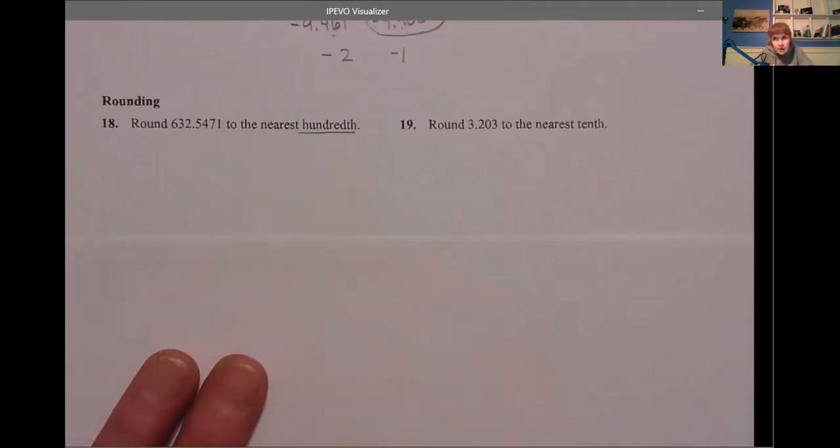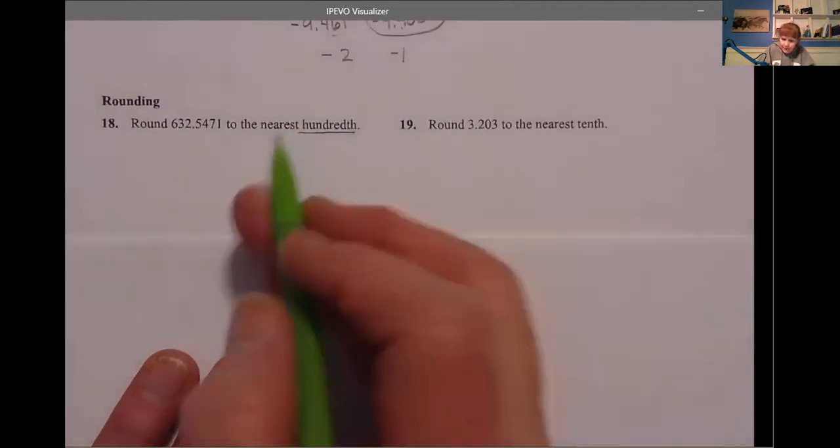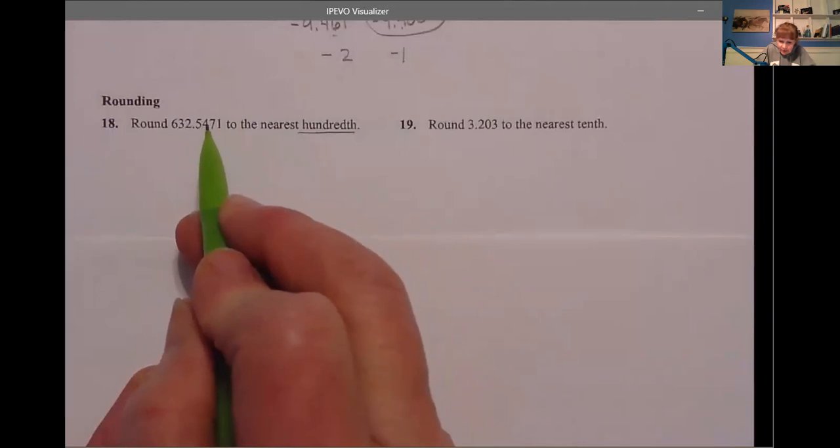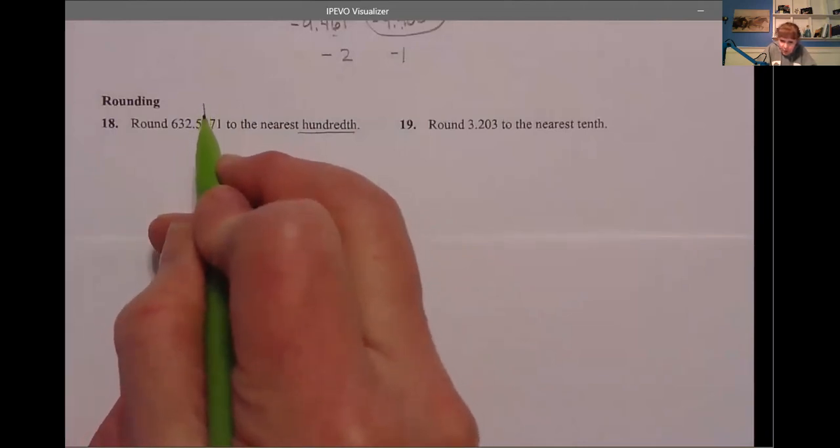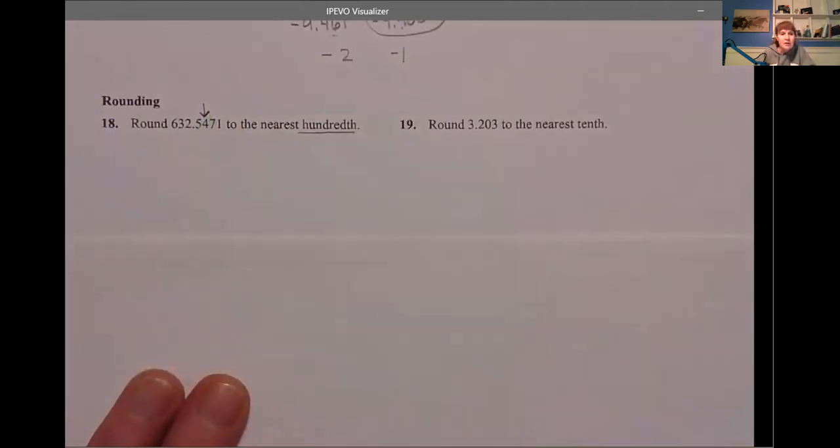So we're going to go to the hundredth and we're going to look to the right. If it's 5 or greater, we'll increase the hundredth spot by 1. But if that number to the right is 4 or less, we're going to keep that hundredth spot the same. So here, tenths, hundredths. The 4 is in the hundredth spot, so I'm going to look to the right of the 4.